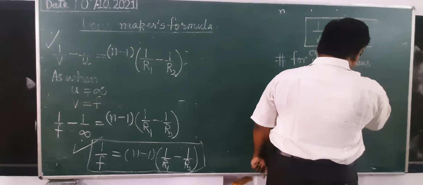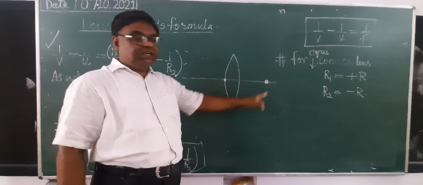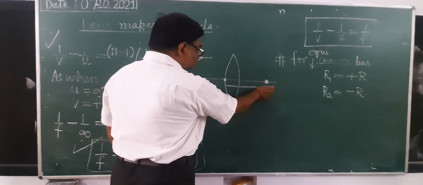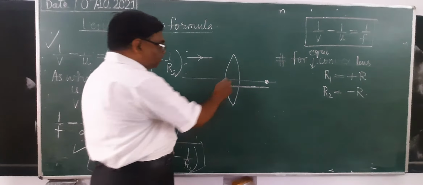Now you can see here why it is so. Suppose this is an equiconvex lens. What is R1 here? From here to its center of curvature, which will be somewhere on this side. So R1 will be this. Now this is the direction of incident ray. This distance will be measured positive. What is R2? From here to somewhere here, because its center of curvature will be here. It is measured opposite to incident ray. That's why it will be negative.